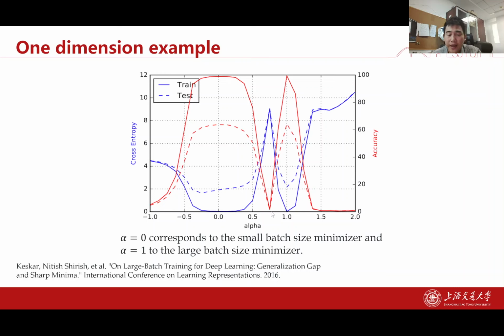And you can find that, very similar to the previous intuitive understanding, the small batch gives better generalization. It's more flat, but the minimum with worse generalization is more sharp.